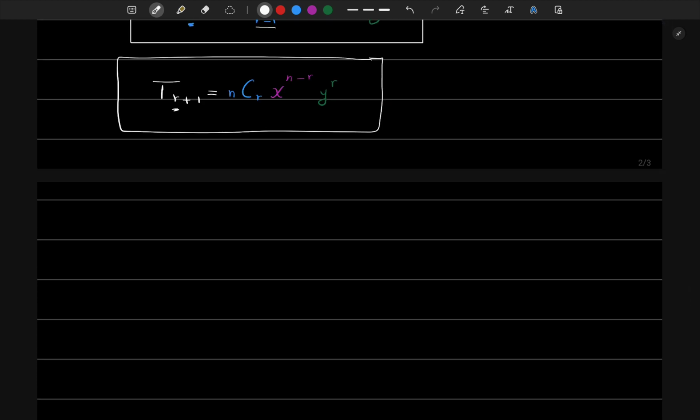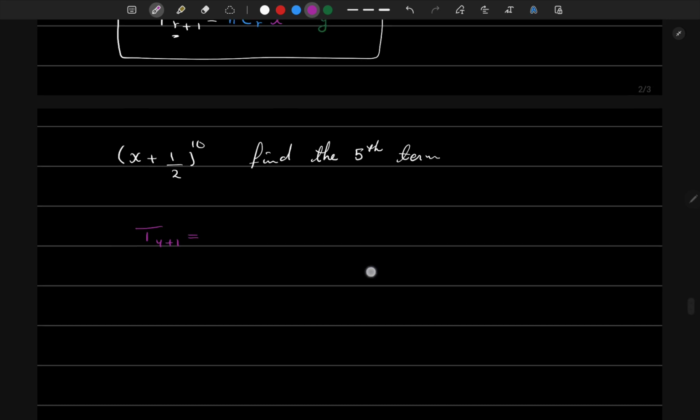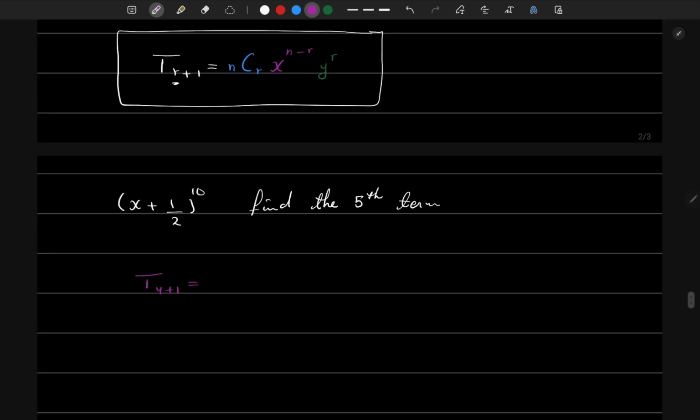Now, if I want to go back to the example that we set at the beginning of the video, which is (x + 1/2) to the power of 10, let us say that I want to find the fifth term. So to find the fifth term, first of all, I'm going to make it T4+1 instead of T5, and then say that T4+1 equals, now n equals 10.